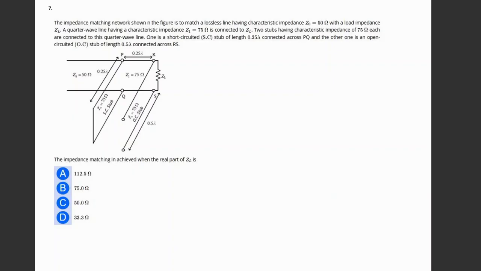Now, the original transmission line has Z0 equal to 50 ohm.